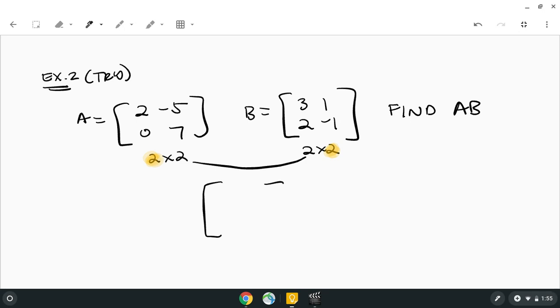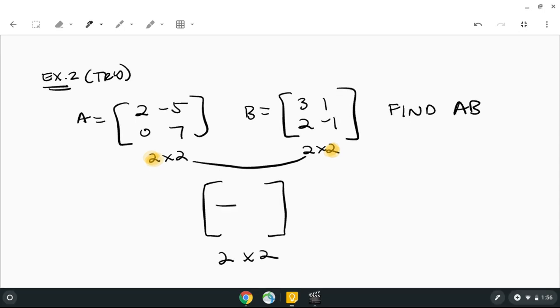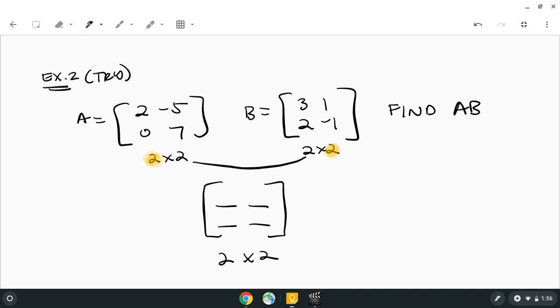Okay, so we should end up with a 2 by 2, right? So 1, 2, 3, 4. Okay, so you'll need to find these 4 elements. Okay, so go ahead and hit the pause button and try to see if you can find these 4 elements.